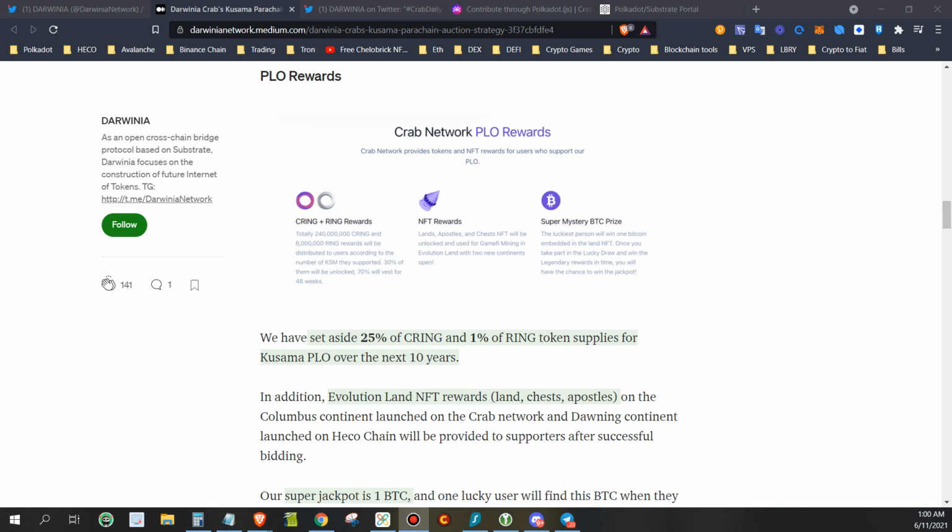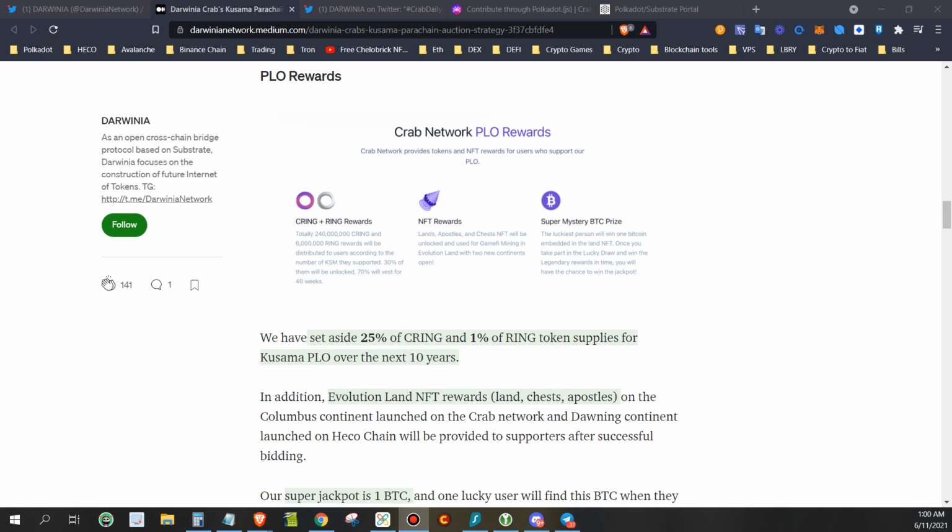So the RING token becomes more liquid on multiple chains using bridges. Now that Evolution.land is on Hiko, that kind of redirects the virtual machine transaction fees when it comes to Ethereum.